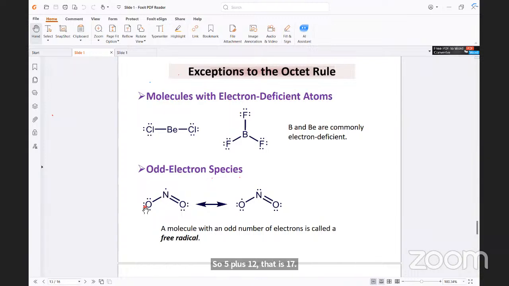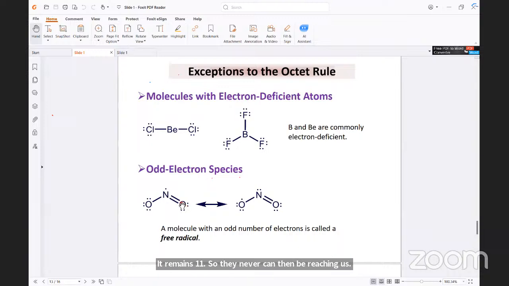If you write the nitrogen and put the bonds, the triple bond, you have used up 6 out of the 17. It remains 11. So the 11 can then be written as lone pairs here and here.